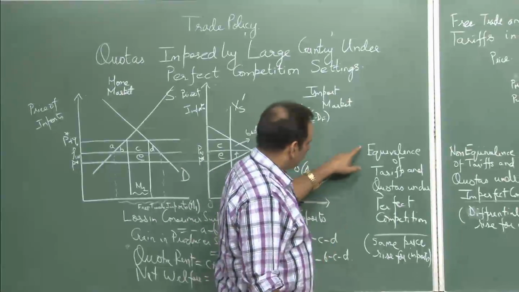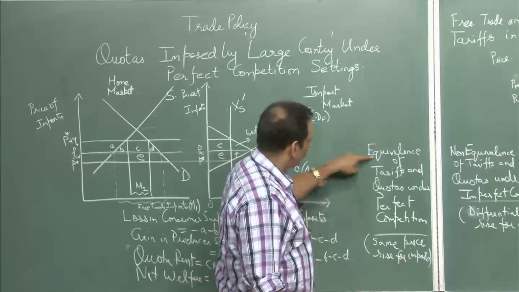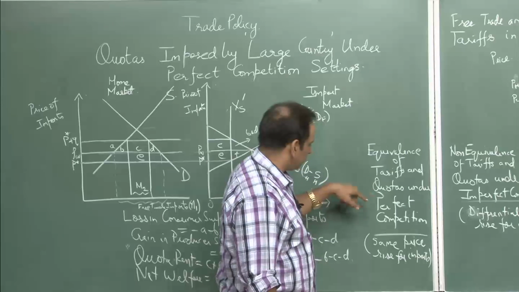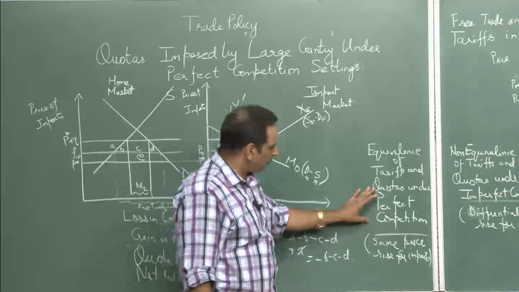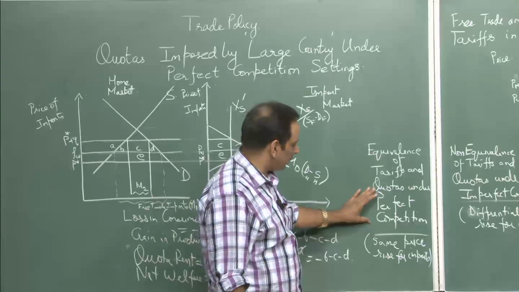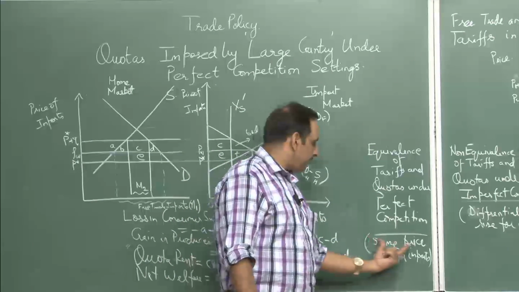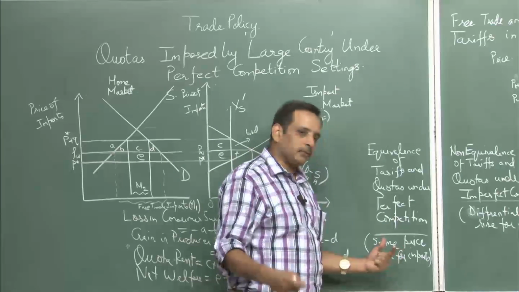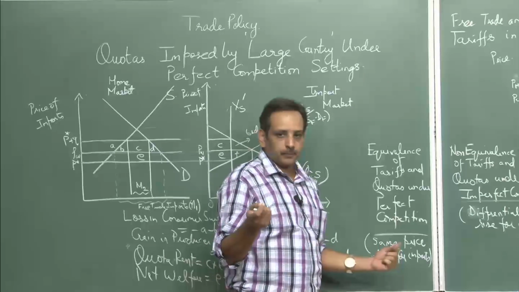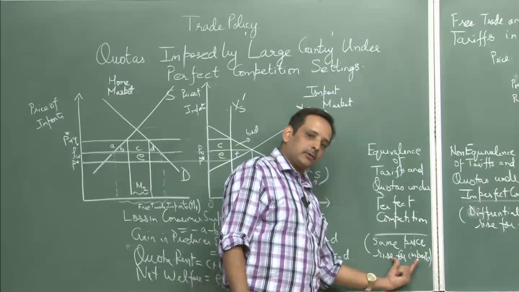one can always show, the equivalence of tariffs and quotas, and that too under perfect competition. You can always find one quota such that the price rise is the same as the case when you impose tariffs for the same level of imports.